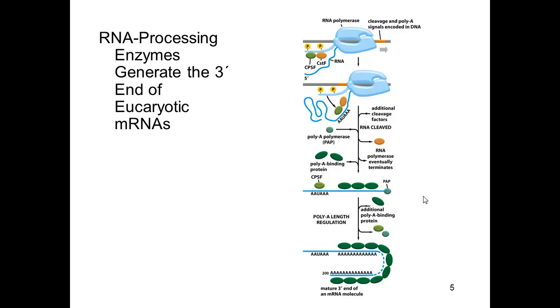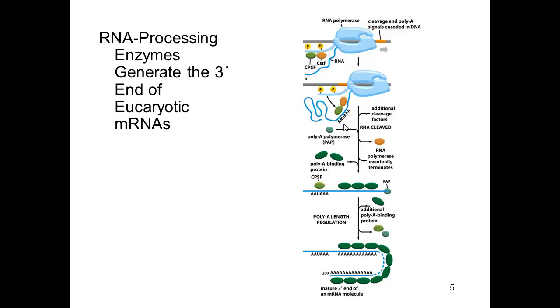One of the aspects of the differences between eukaryotic and prokaryotic RNA that we pointed out was a polyA tail at the 3' end of eukaryotic mRNAs.